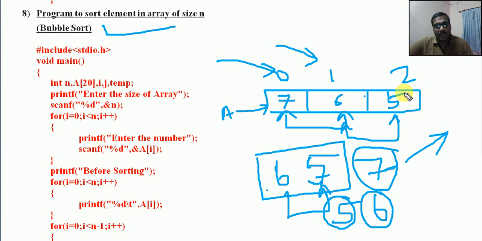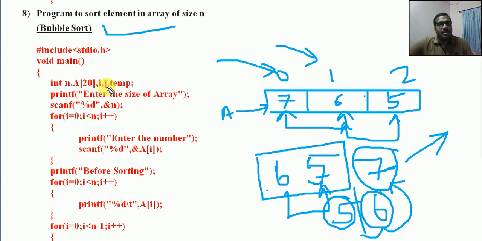Then we will be getting the second last element as the highest one when compared to the previous ones. Similarly, repeat the same step until we reach this order. So 5, 6, 7. 5, 6, 7 is the sorted order.